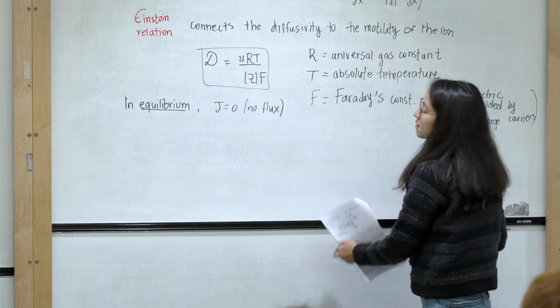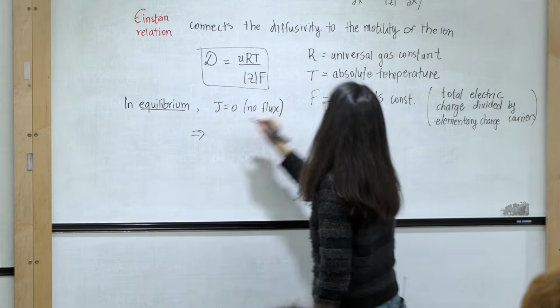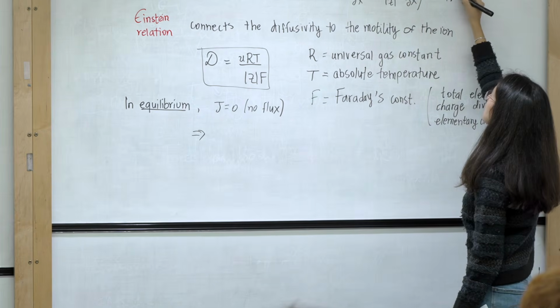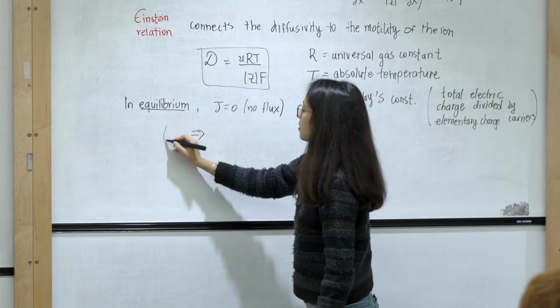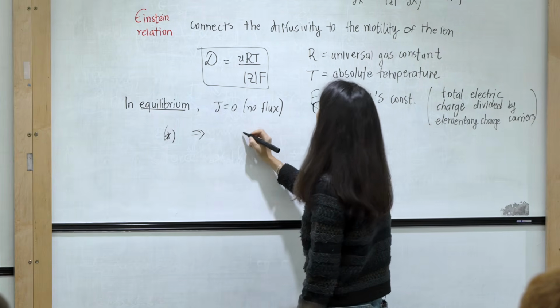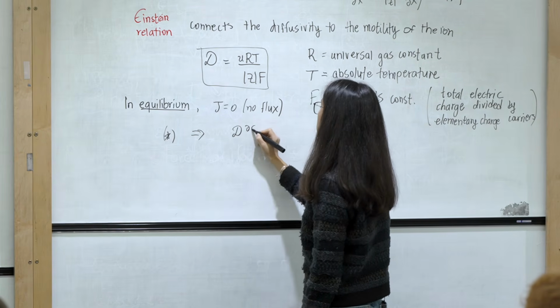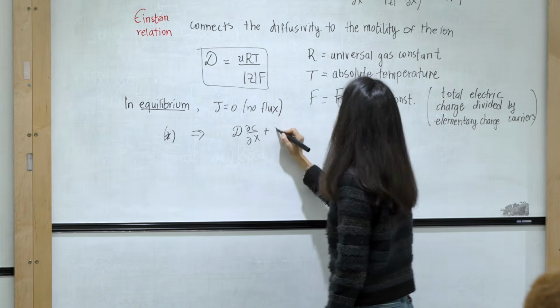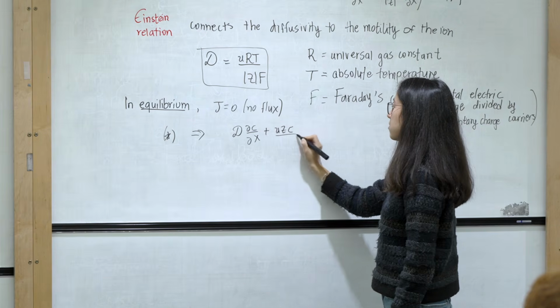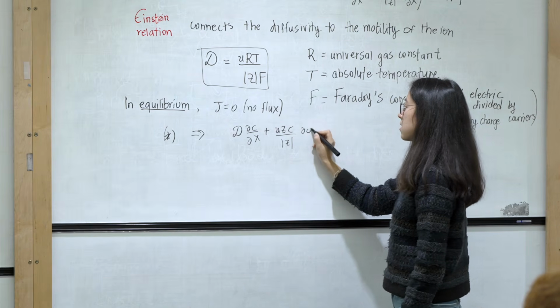So this implies, if I name this equation star, that we have D dC/dx plus ZC over |Z| d phi/dx is 0.